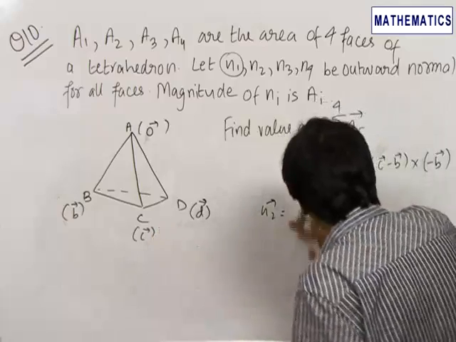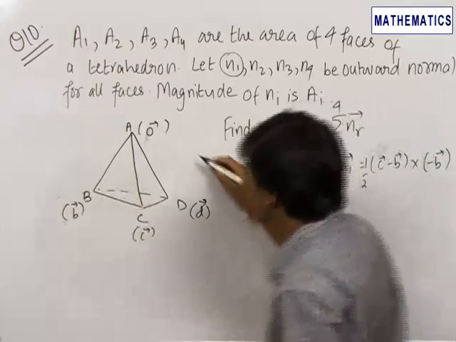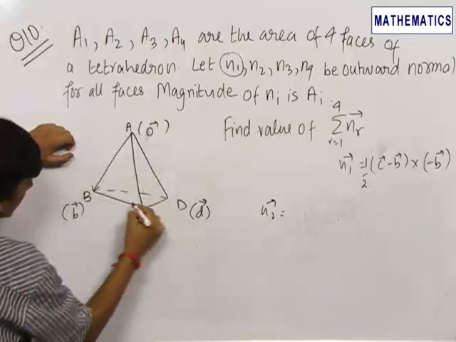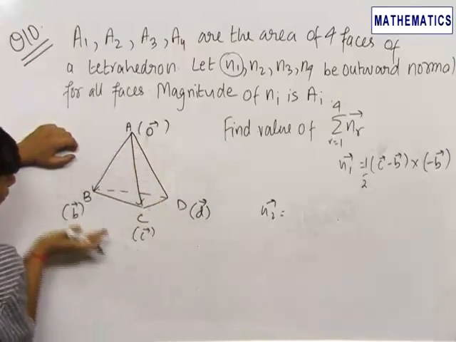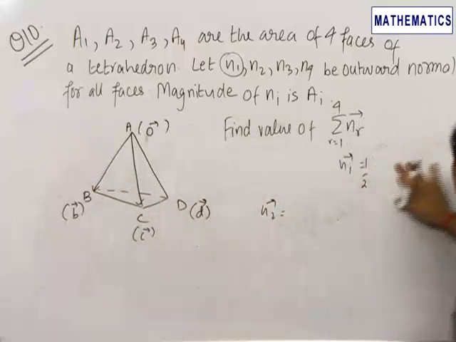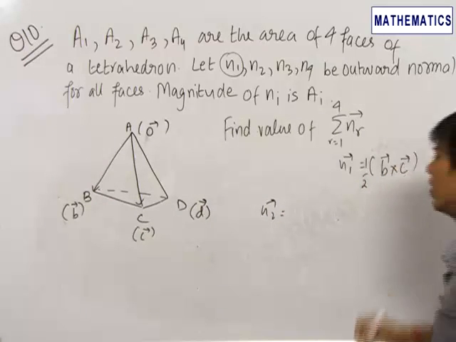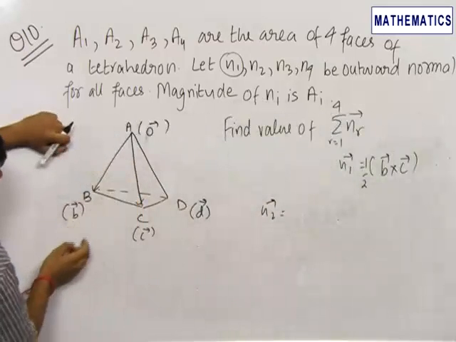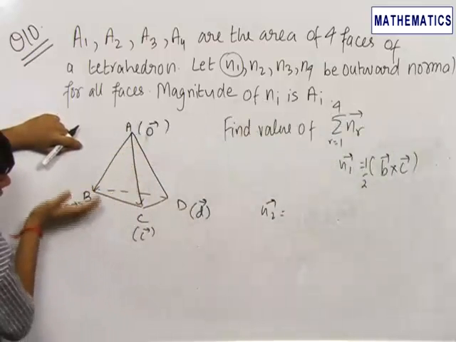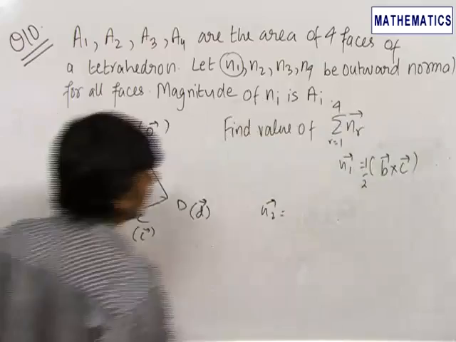Or rather, what we could have done was that for N1 vector we could have directly taken these two sides, that is AB and AC, and written half of AB cross AC, that is half of B vector cross C vector directly also, because if we take these two edges, the area of this triangle will be half of AB vector cross AC vector, so that we get an outward normal.